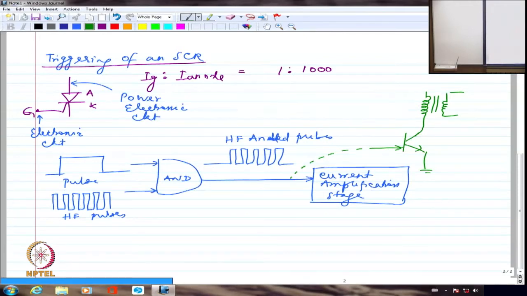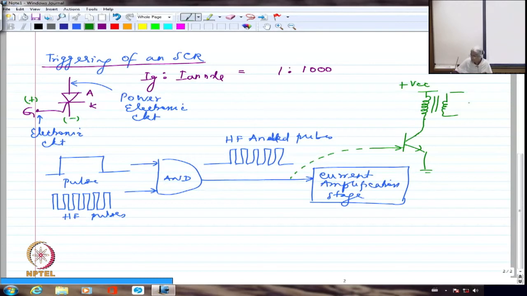It is going to be a very, very small sized transformer. It will still be iron core normally. It will be an iron core transformer, and generally gate has to get positive and cathode has to get negative when I am giving the gate pulses. So generally, if I say that this is my VCC, which is actually plus, obviously this corresponds to minus.